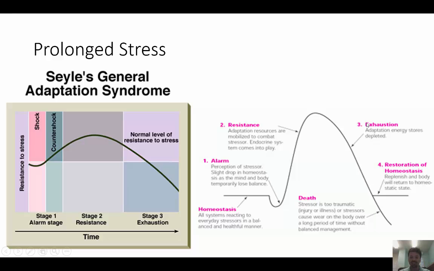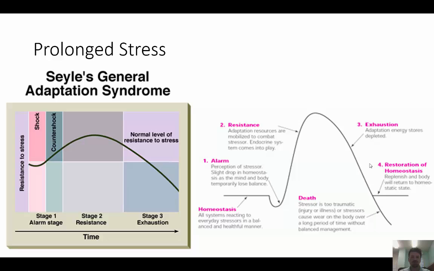And at this stage, you can also begin to get a host of psychological conditions if you're not able to adapt to the stress and you enter into the exhaustion stage. At this stage, something has to happen to allow restoration of homeostasis or return back to equilibrium, or that stressor can have a long and prolonged effect on the body that could over time lead to death.